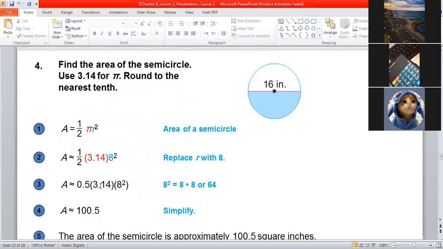I know that 8 squared means 8 by 8, and I can do it mentally: 8 by 8 equals 64, because it's very easy. The result is equal to what, Muhammad?